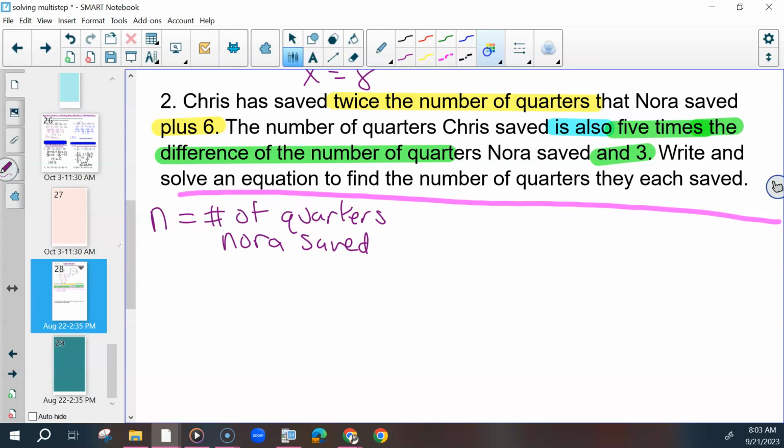And then twice the number of quarters Nora saved plus 6 would be what? So the 2n plus 6 is also, so that's going to be our equals, 5 times the difference of the number of quarters and 3.